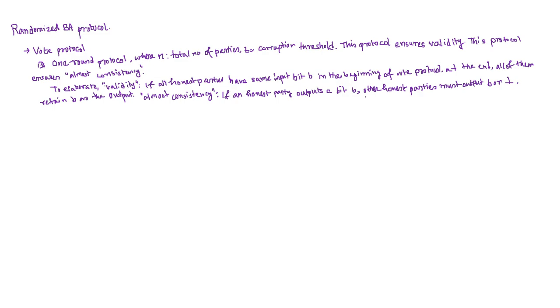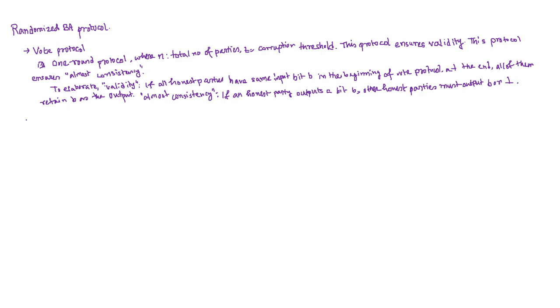But at least this much is ensured: a honest party outputs either some bit B or bot, and there is no inconsistency where one honest party outputs B but another outputs B complement. So it is almost consistent. Okay.